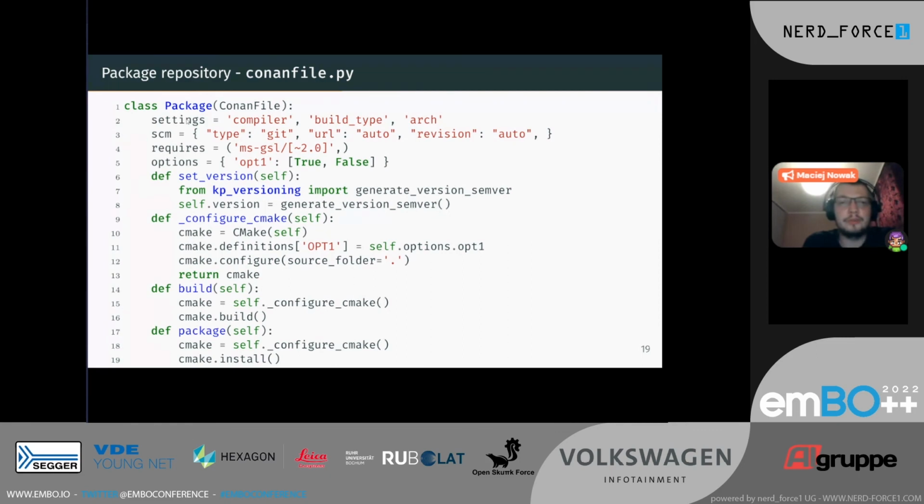If your package is using, let's say, semaphores, then you depend on RTOS settings, so you will need to put RTOS here. For a header only package that depends on nothing, the settings list will be just empty. The compiler, build type, and yeah, exactly.